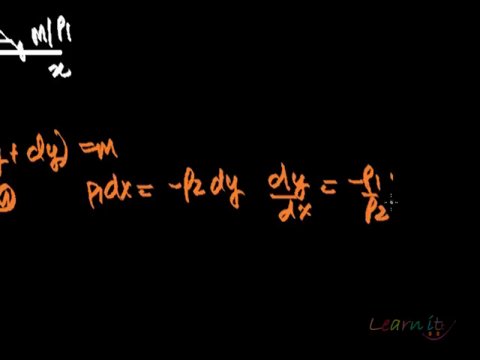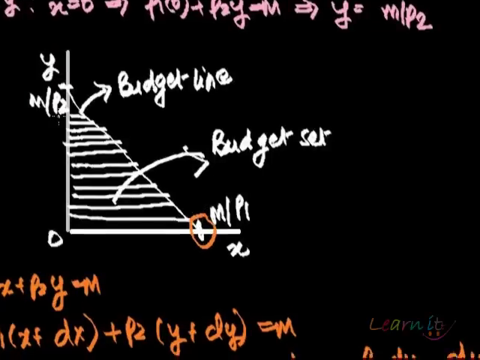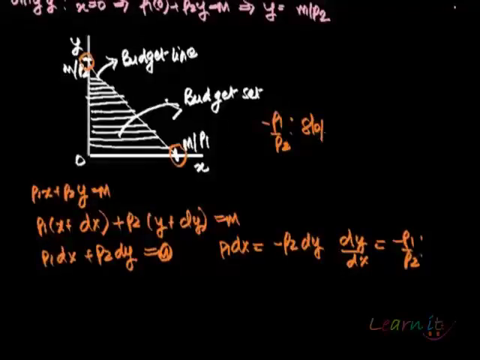This is nothing but the slope of the budget line. So you understood three things: this is the x-intercept, this is the y-intercept, and minus P1 by P2 is the slope of the budget line.